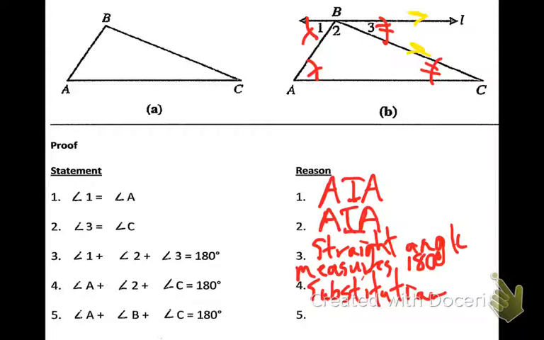All right, and then step 5. Angle A plus angle B plus angle C equals 180. This is given in the picture. Right, so looking at the picture, how do I go from angle 2 to B?